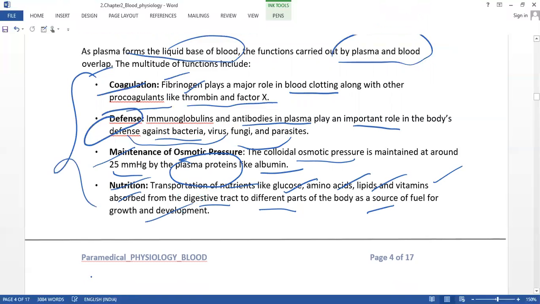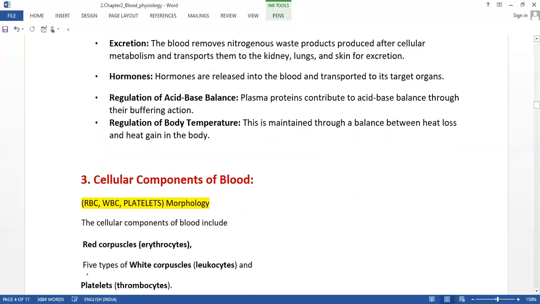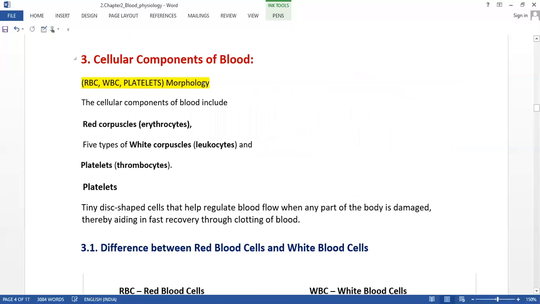Now let us know the other concept, the cellular components of the blood. Here we have RBC, WBC, platelets, and morphology, the naming convention. The cellular components include red corpuscles, 5 types of white corpuscles, and the platelets, that is thrombocytes.